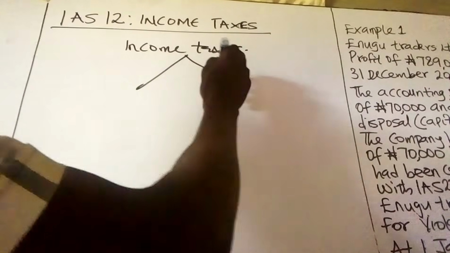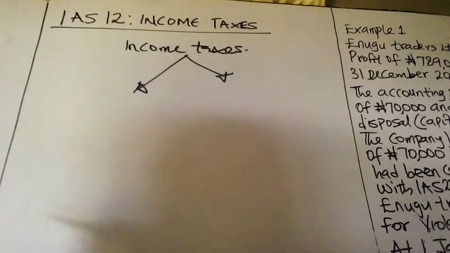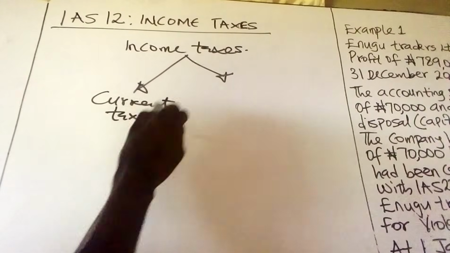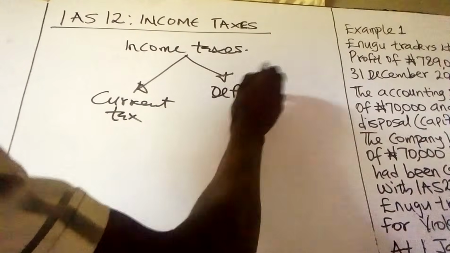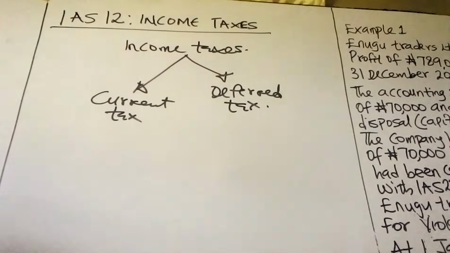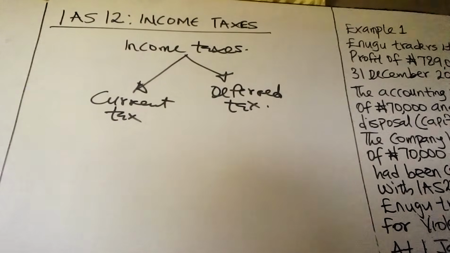Number one, we have current tax. Number two is deferred tax.